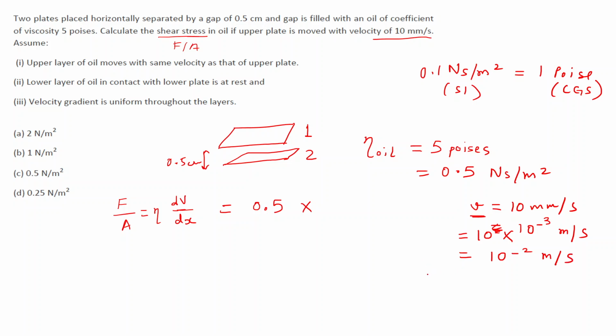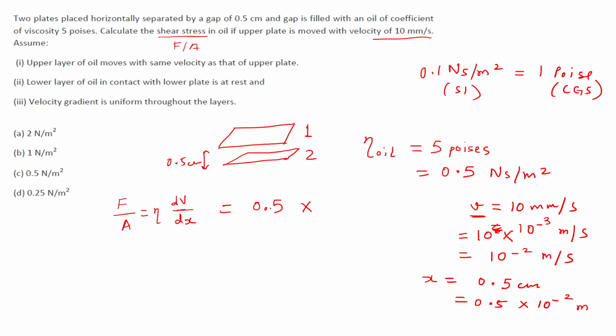Now the distance x is 0.5 centimeter, again converting it into meters, divided by 100, which is 0.5 times 10 to the power minus 2 meters.